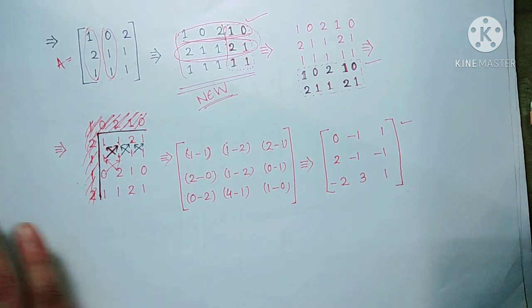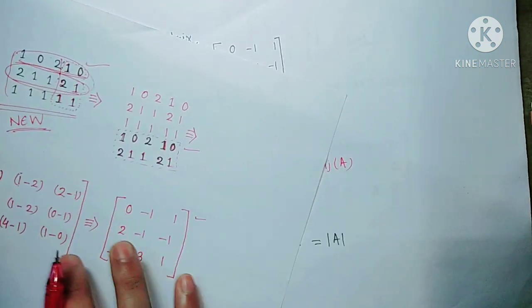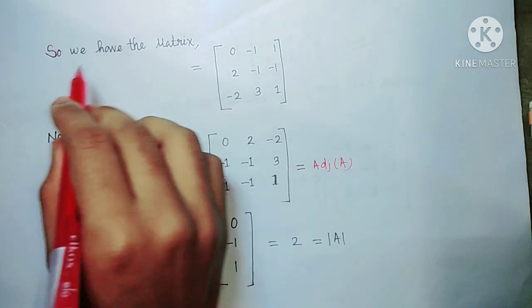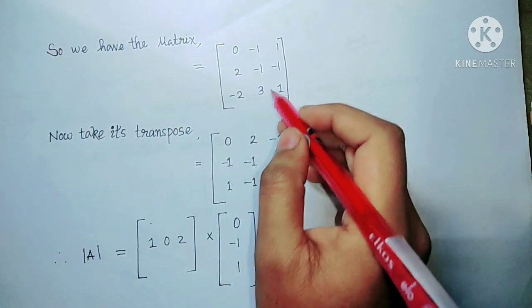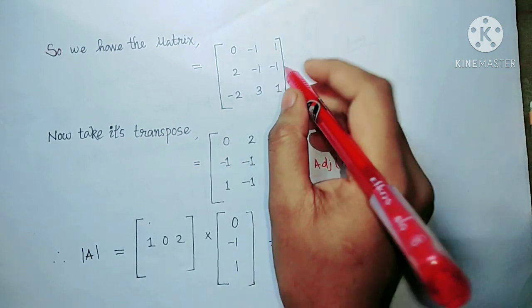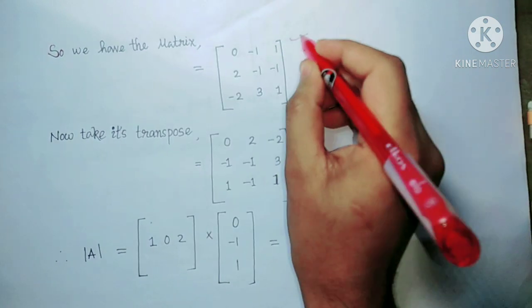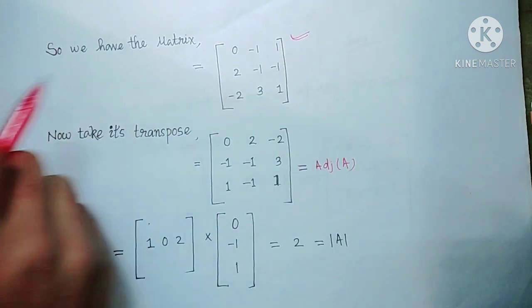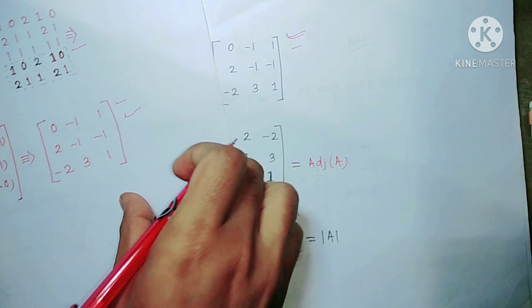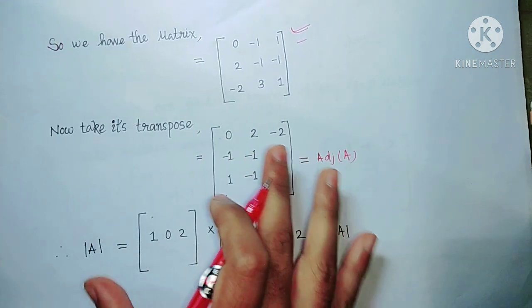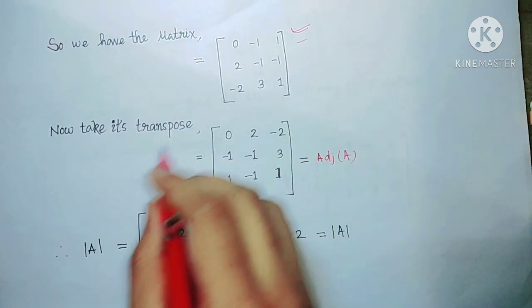Now the second step. This is the matrix that we have already found out. These two are the same. Now our duty is to take the transpose of this matrix.